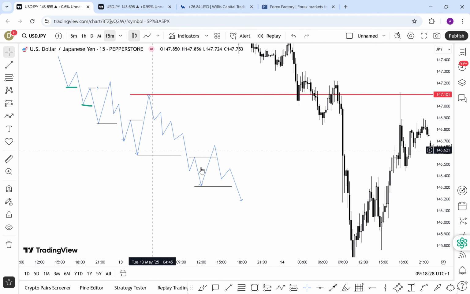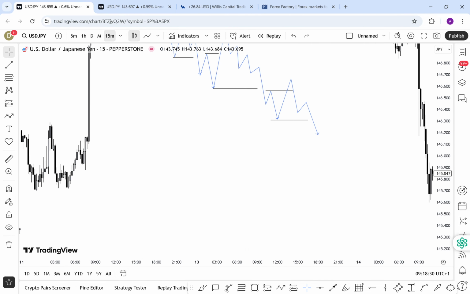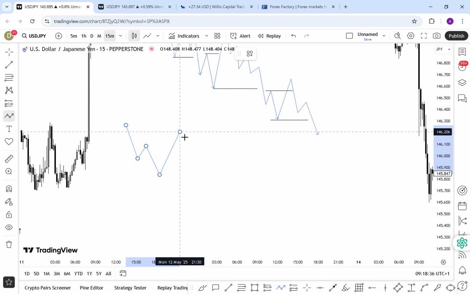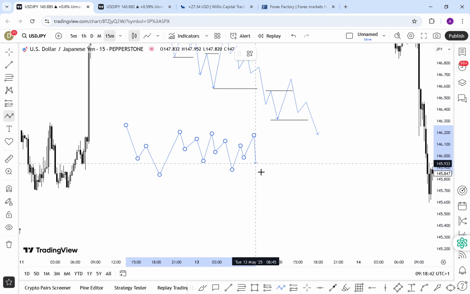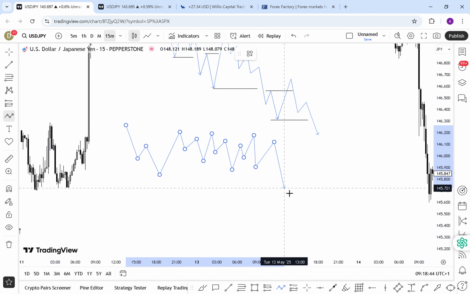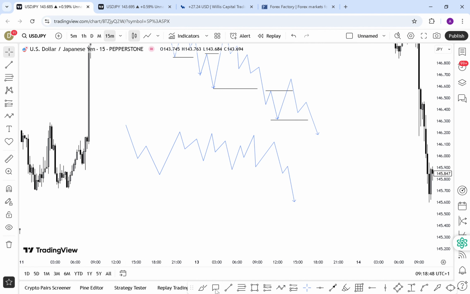Sometimes the market might be complicated, like something like this might confuse you. The market will do this because this is the best way you can filter out the noise in the market. The market can do this. All of this is none of your business until this low has been taken out.